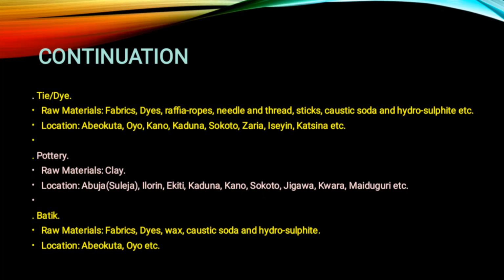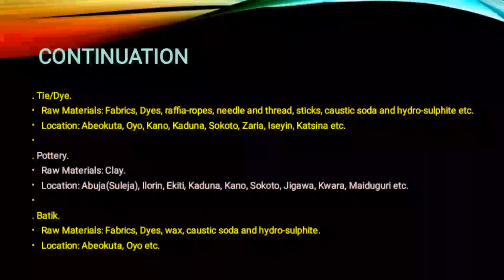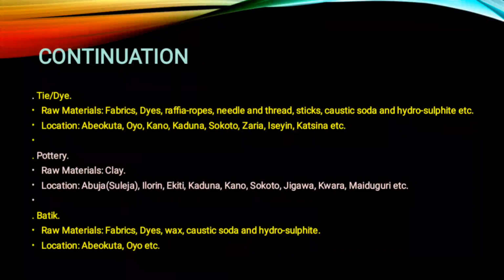Then we have raffia ropes, needle, and thread, which can be used to create a particular method of tying, then sticks for turning, then caustic soda and hydrosulfide, etc. Our locations are Abeokuta, Oyo, Kano, Kaduna, Sokoto, Zaria, Iseyin, Katsina, etc. Please let's not forget, soda ash and hydrosulfide are agents that make the color or dye on the fabrics permanent.